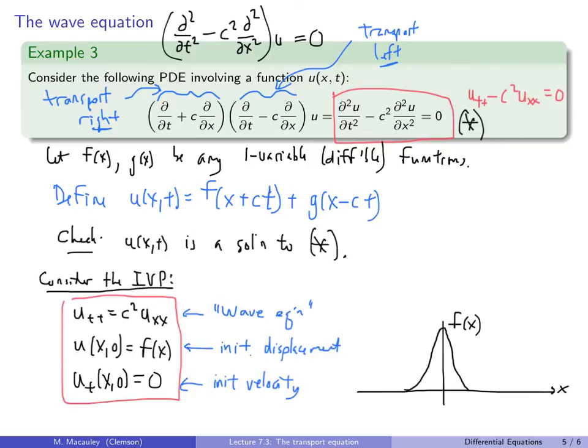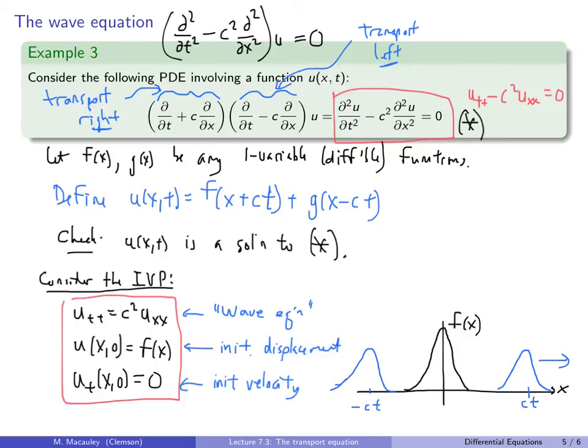So what's going to happen is, at time t, I claim that this is going to be what happens. We're going to get half of the wave going that way and the other half of the wave going this way.